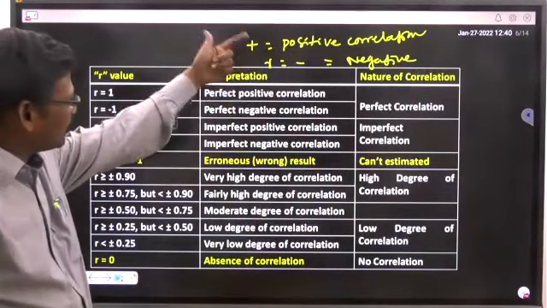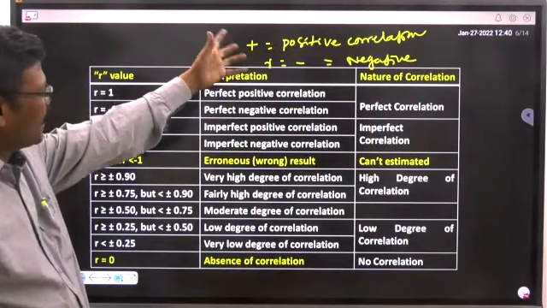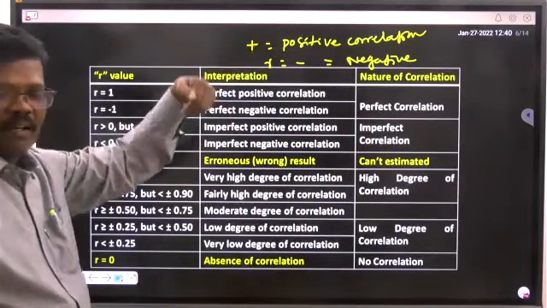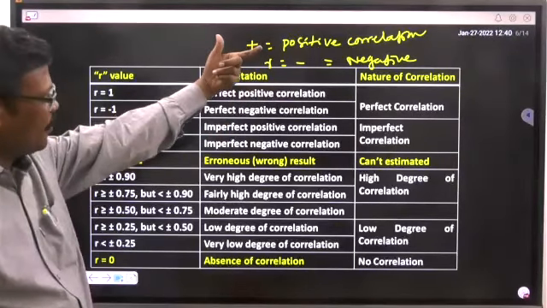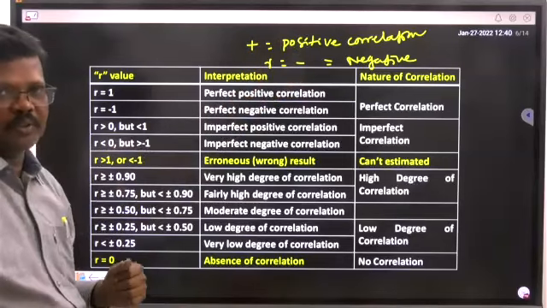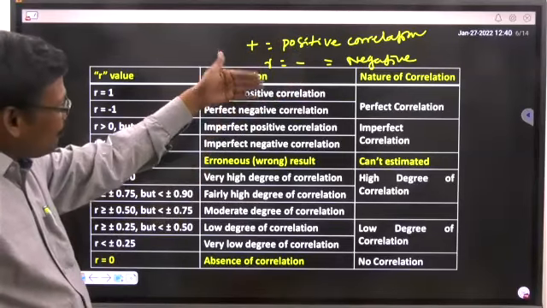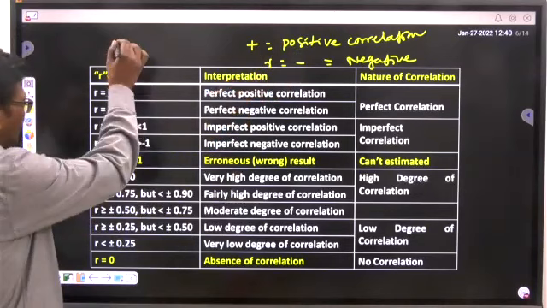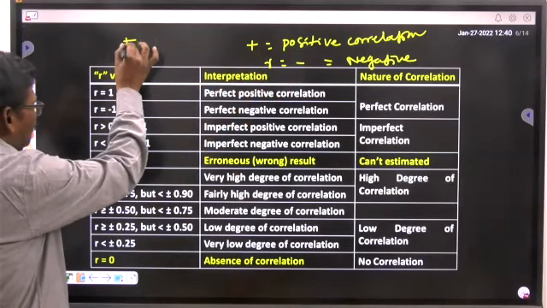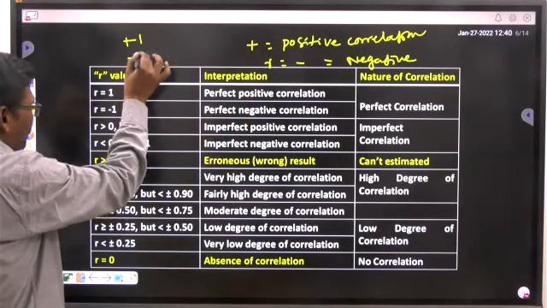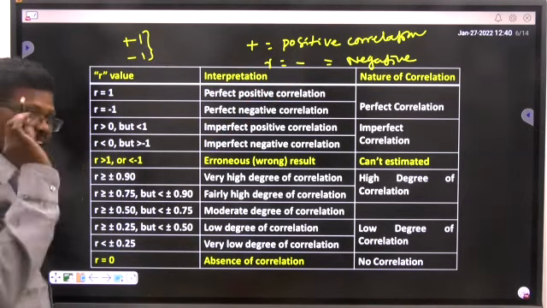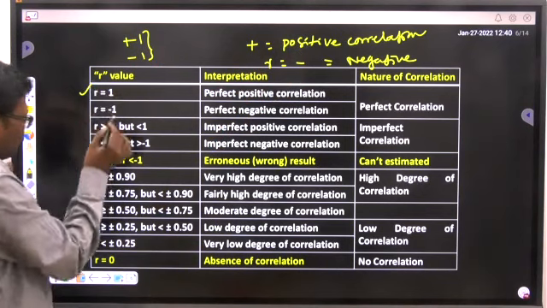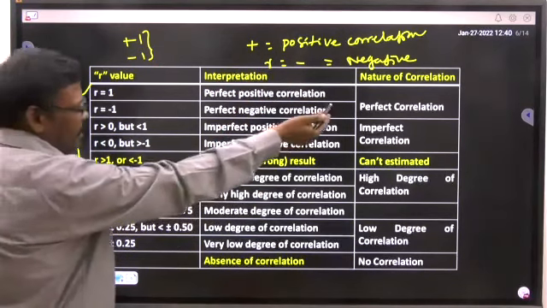The value will always be between +1 and -1. Based on the R value, we can interpret it like this.